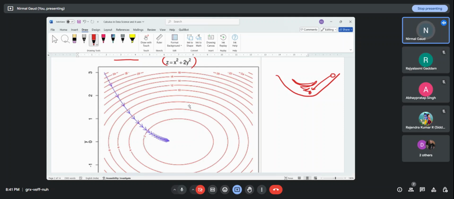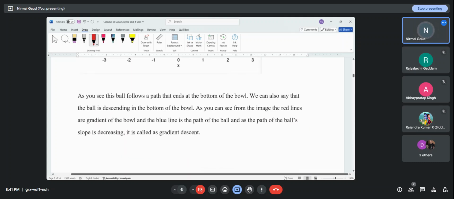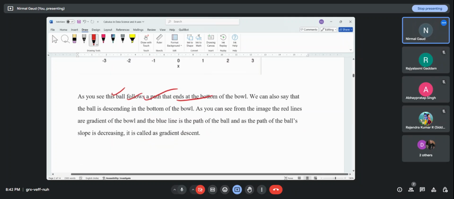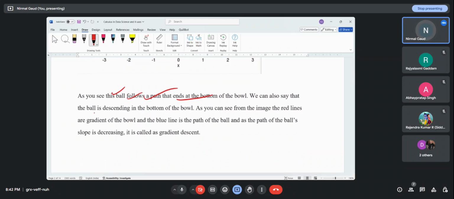Both the components are there. Okay, fine. And here we can see a ball is following a path. It's a path which is followed by the ball. We can also say that the ball is descending. It's going towards the bottom of the bowl.